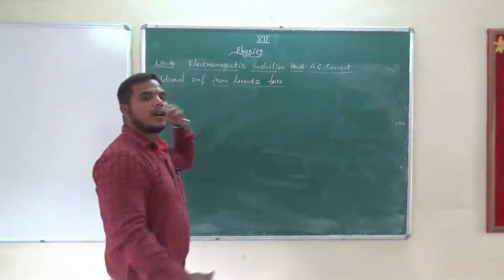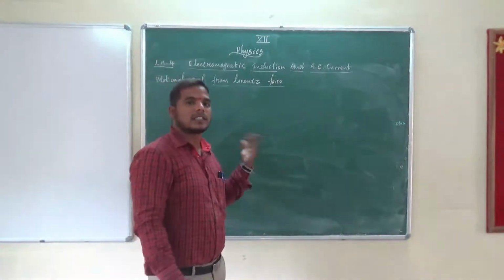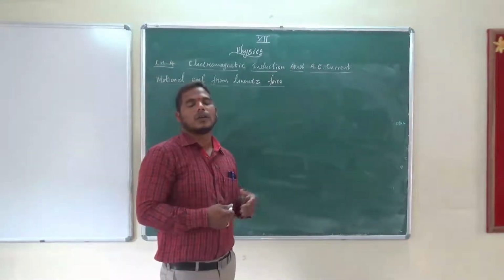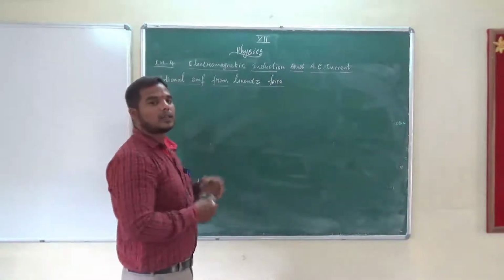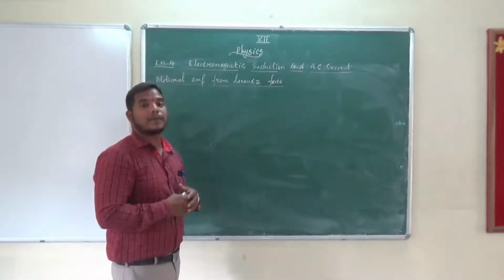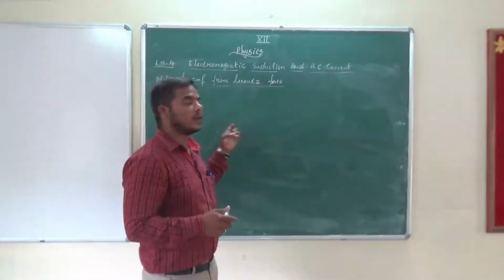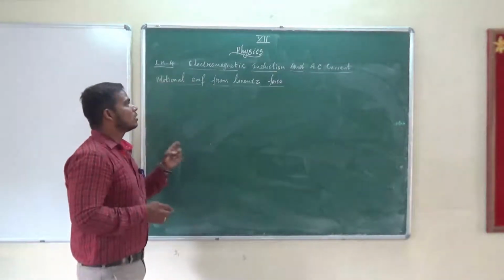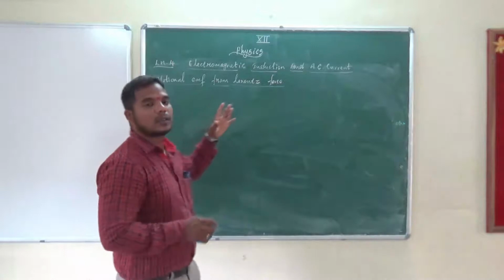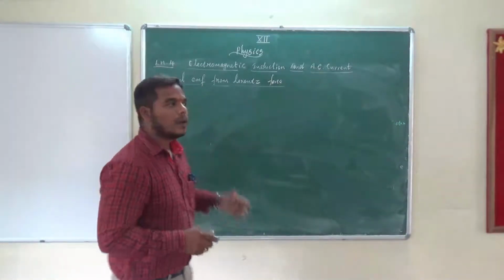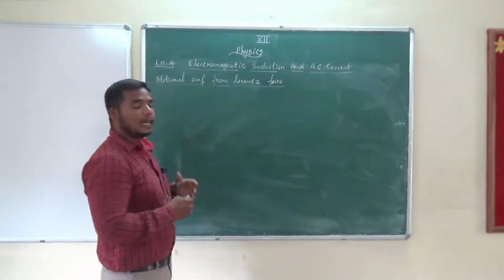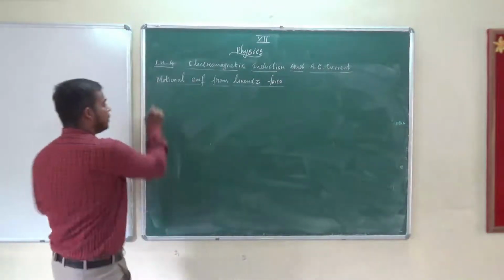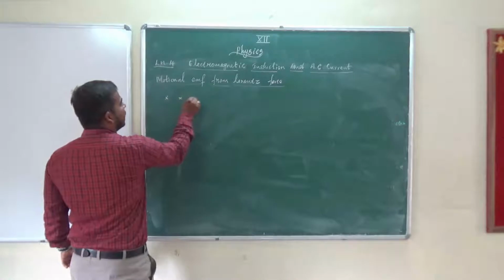EMF we already revised in chapter 2, current electricity, and in this chapter we also discussed induced EMF. Now we are going to discuss motional EMF from Lorentz force. Okay, shall we start? I'll take a uniform magnetic field. I'll indicate it with crosses.